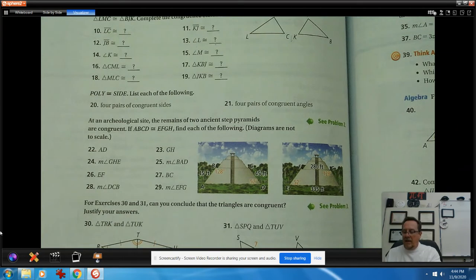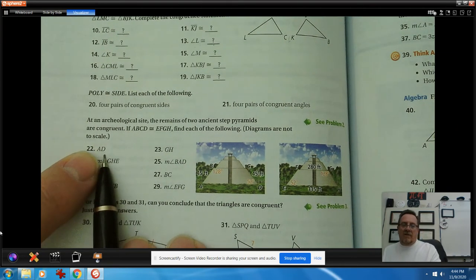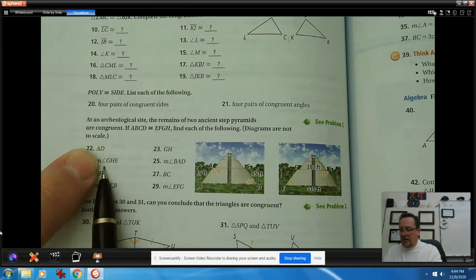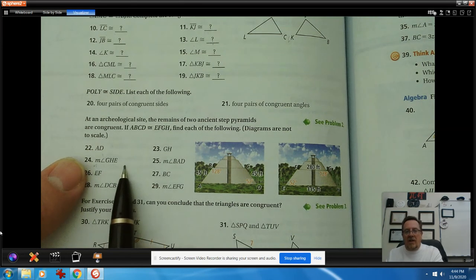How do I know that? Because it doesn't have segments above the letters, and it doesn't have just the angle. It has a little M in front of it. When you see a little M in front of your angle sign, it's asking for its measure. M stands for measure. 24 is asking for the measure of angle GHE.